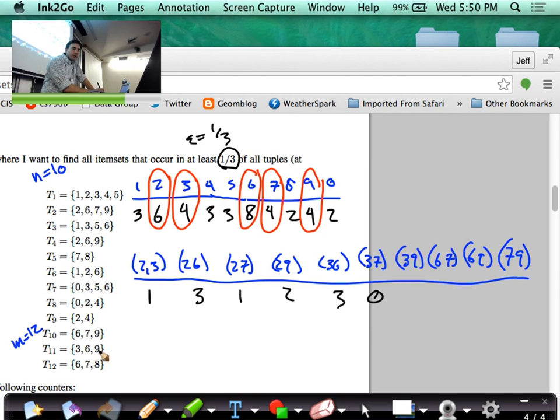Is there one here? One there. All right, don't forget about this one. 6 and 7 occurred 3 times. 6 and 9 occurred 4 times. And 7 and 9 twice.